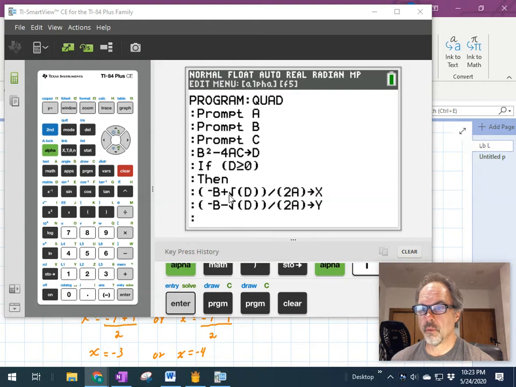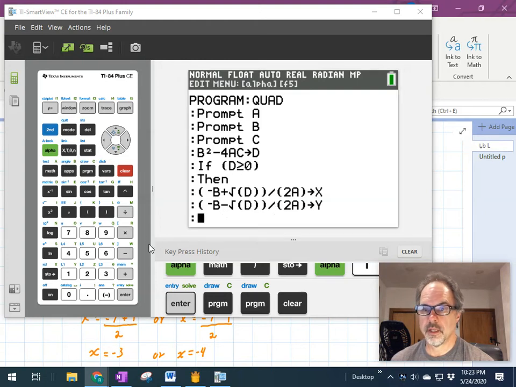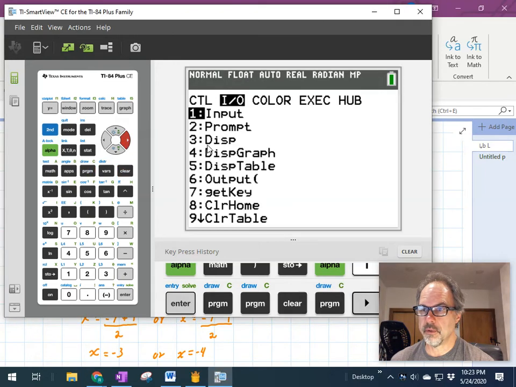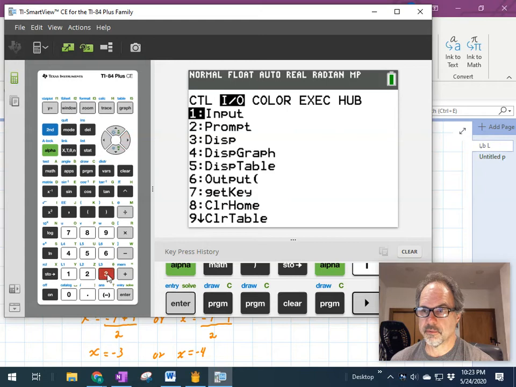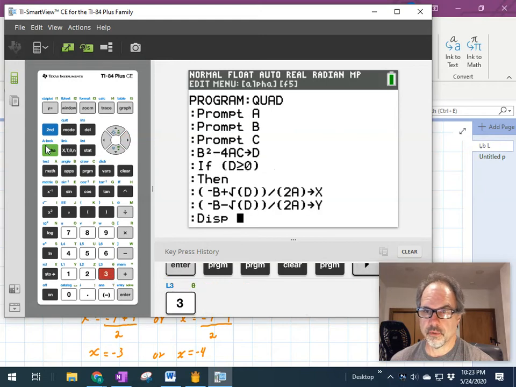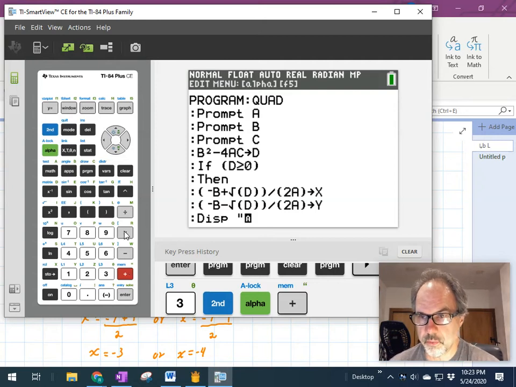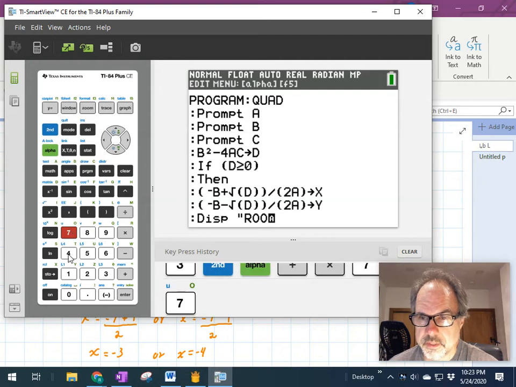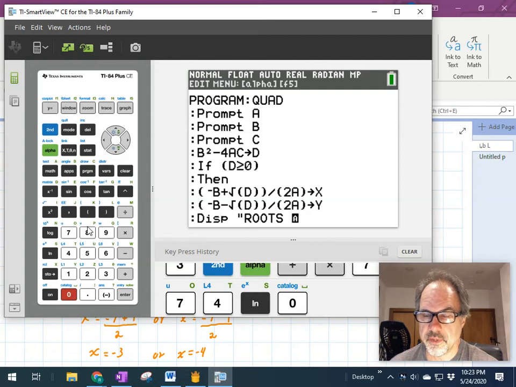So now we're going to go ahead and display x and y, and we're going to do that with an output statement. So we go to program, go to IO, we're going to display, so that's number 3, and we're going to do a nice message to the user. So we'll do alpha lock, so second alpha, and then quote, and we'll just say roots are, so R O O T S space, the space is the 0 key, and then, you know what, just roots, how about that?